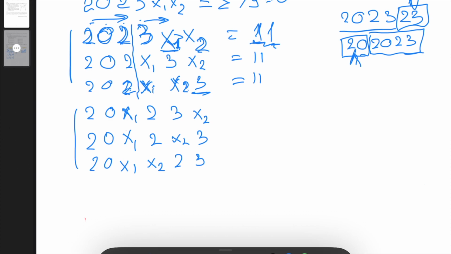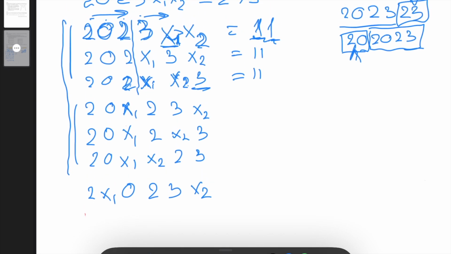Now we want to move x1 even further, and put 0, 2, 3, and then x2. The count of these combinations, like how many 0 on second place, should be the same as x1 on second place, so it should be 12.